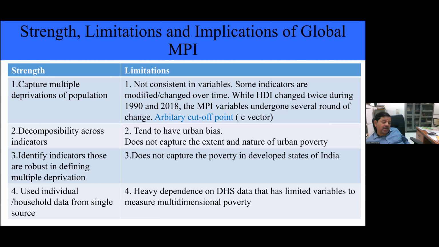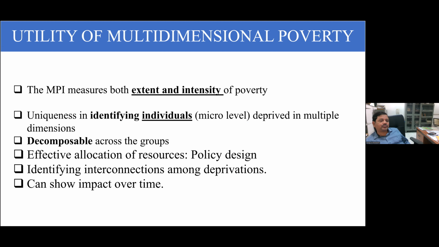While it uses individual data, the estimation of MPI is largely contingent on the use of individual microdata, and at the same time, this microdata is often limited to DHS data. So you do not find many alternative data sources which possibly have the estimations for this.